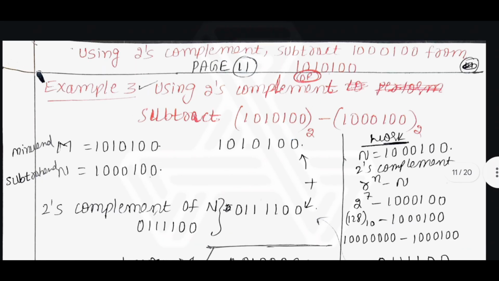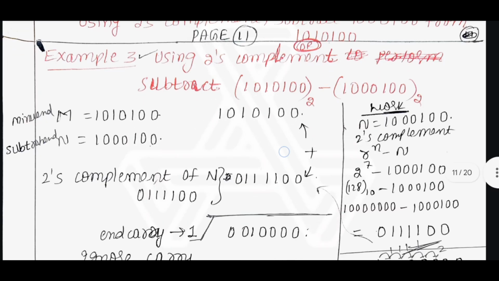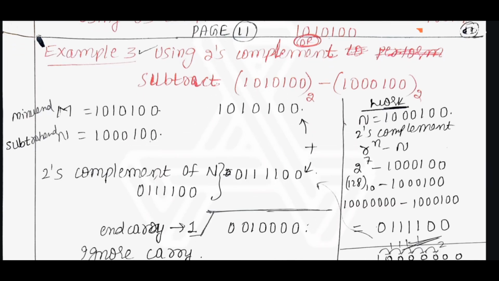Using complement subtraction, subtract 1000100 from this. Using 2's complement, subtract this from this. Now we have the minuend and the subtrahend, and we have to take the 2's complement of the subtrahend.